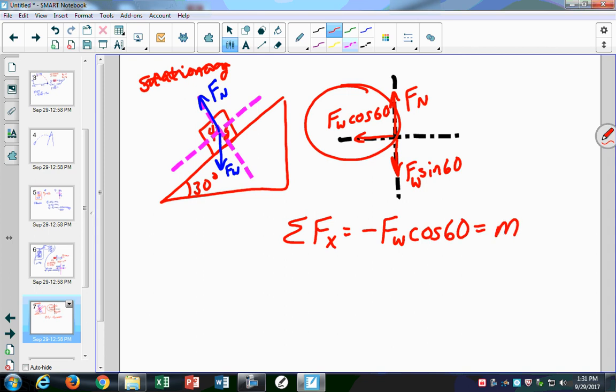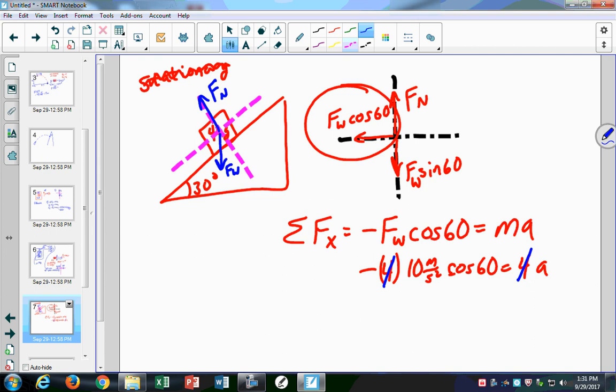So I would have negative 4 times 10 meters per second squared cosine of 60 equals 4 times A. Notice that my masses cancel out. It doesn't matter what your mass is. If there's no friction, they're always going to accelerate at the same rate.